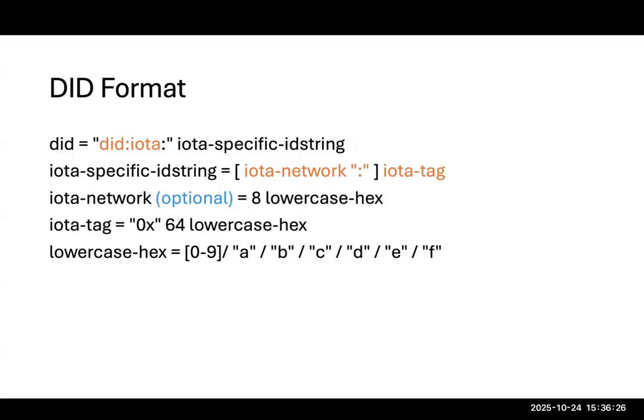So the IOTA network, colon, and then the IOTA tag. The IOTA tag is what the DID recommendation calls the DID method specific ID. In this particular case, they decided to use 64 lowercase hexadecimal characters.